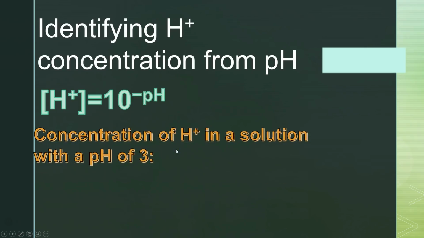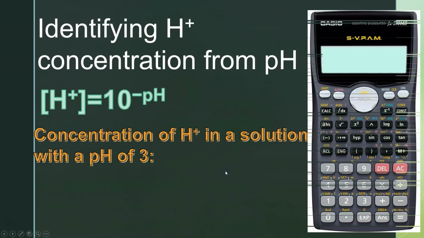Okay, so let's look at an example. Concentration of hydrogen ion in a solution with a pH of 3. Okay, so all you have to do is, to get this power of 10 to the power of, you click shift log. Shift log would give you this tiny little function here, the one that is in yellow.